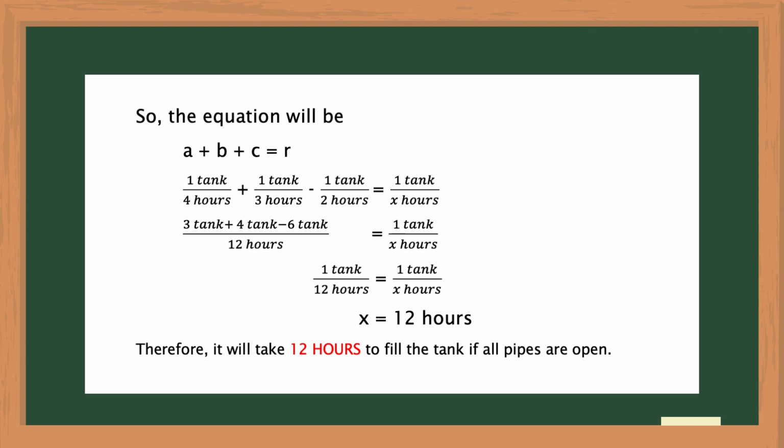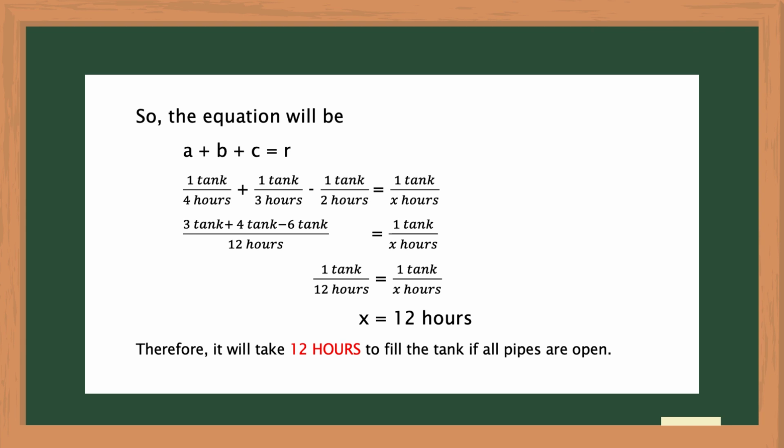So the equation will be A plus B plus C is equal to R. Substituting the values, 1 tank over 4 hours plus 1 tank over 3 hours minus 1 tank over 2 hours is equal to 1 tank over X hours. Looking for the least common denominator, which is 12, it will become 3 tank plus 4 tank minus 6 tank over 12 hours, which is equal to 1 tank over X hours.